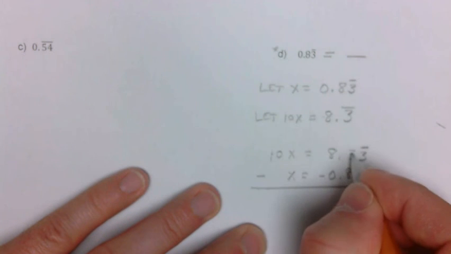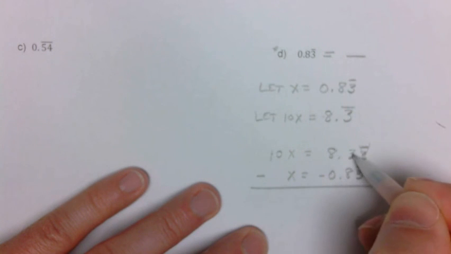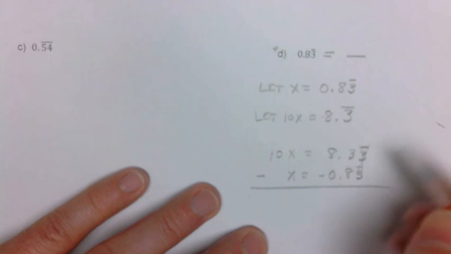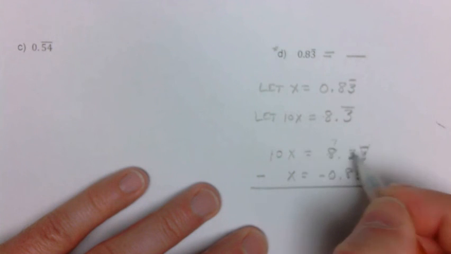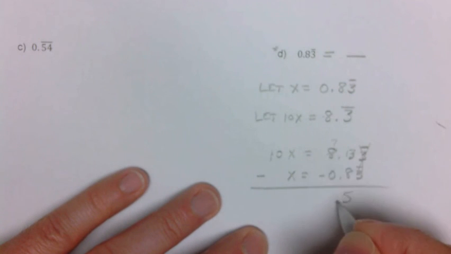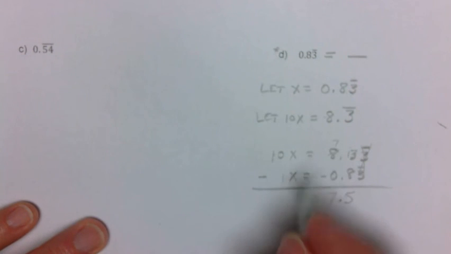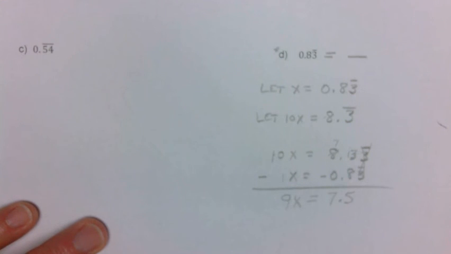Okay, so now this 3 repeated and this 3 repeated would make 0. And now I have to do 3 minus 8, which I really can't do. I'm going to borrow. That would become a 7. That becomes a 13. 13 minus 8 is 5. Bring down the decimal point. 7 minus 0 is 7. Equals 10x minus 1x is 9x.